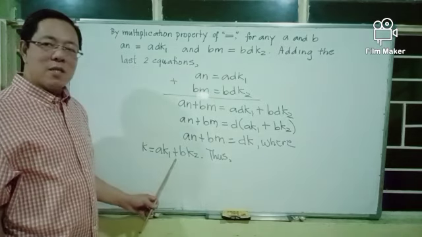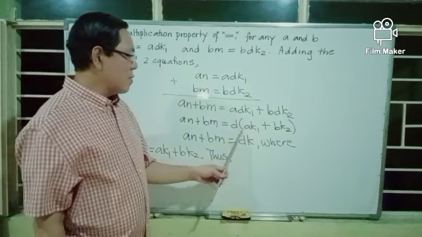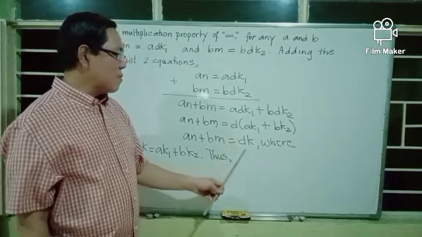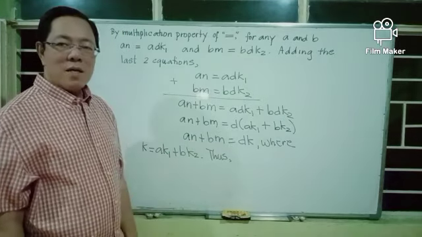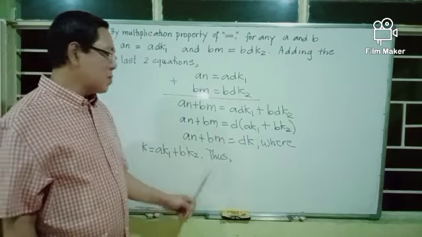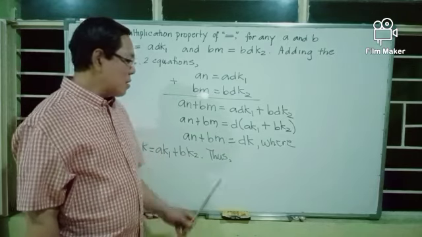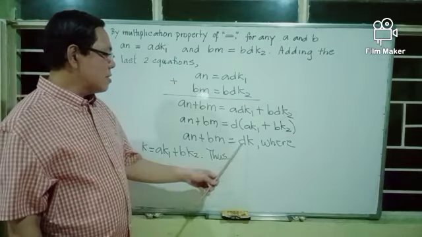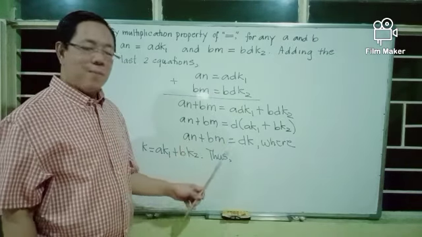And the sum is an integer which we represent by k. Therefore, d times k equals an plus bm. Again, we have shown that there is an integer k equal to this value such that an plus bm equals d k. Thus, we can conclude that d divides the linear combination of n and m.